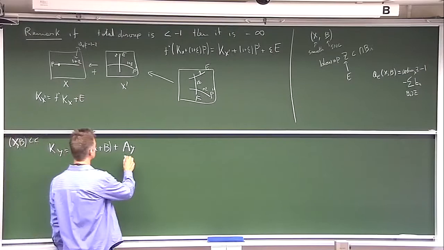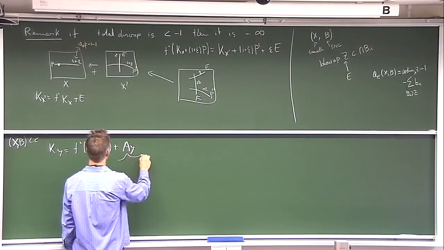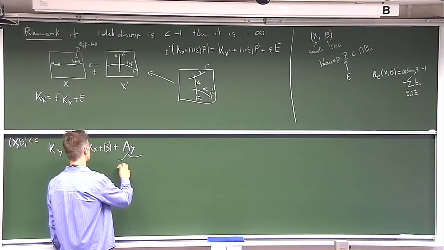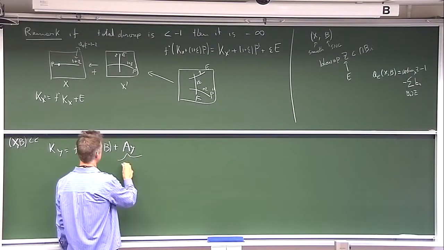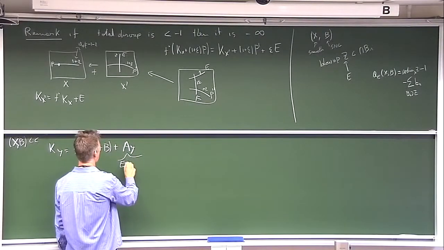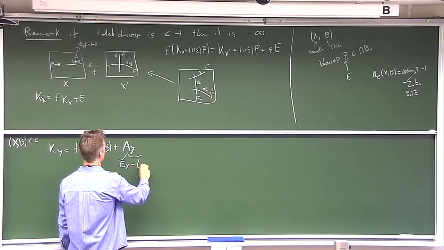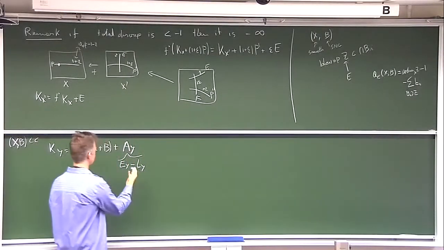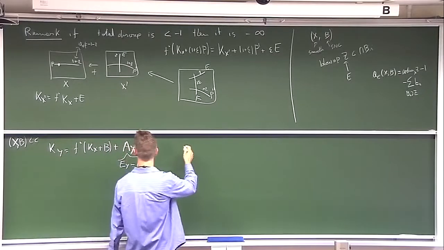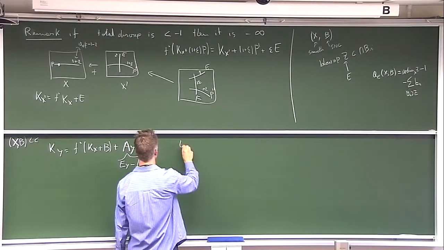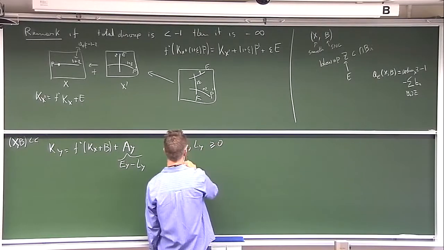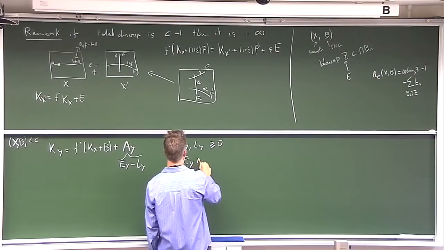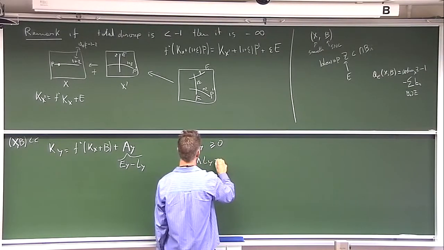So let's write this as, in certain references that I'm using, the way that this is decomposed is as Ey minus Ly. I don't know why we wouldn't use By, but anyhow. Where Ey and Ly are effective, and Ey ∧ Ly is equal to 0.